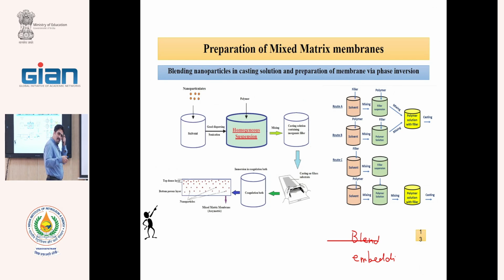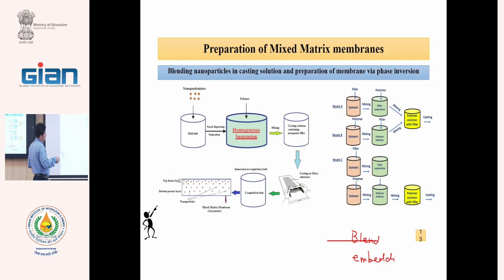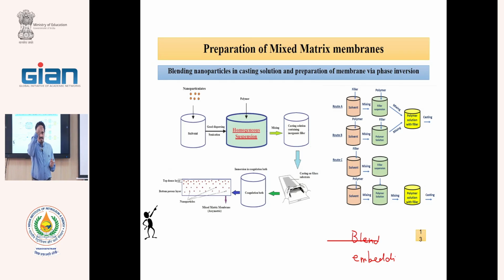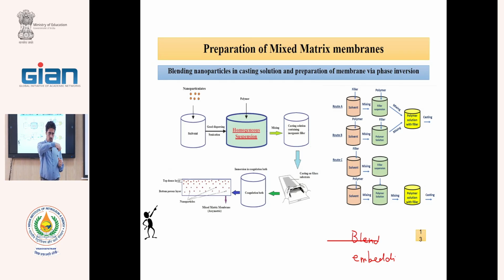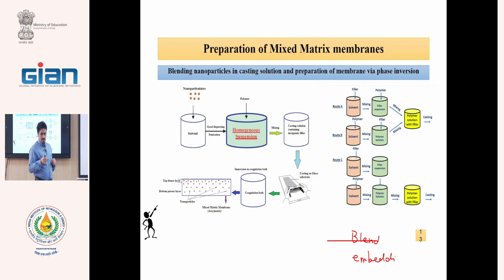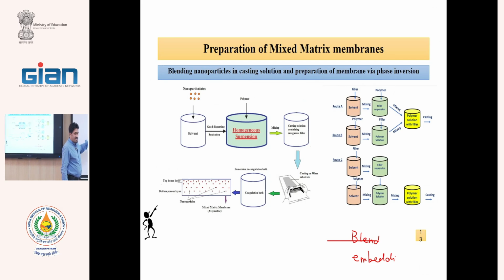When we put the film in the water, the solvent exits and the water goes into the membrane body. In this case, because the hydrophilic nanoparticles want to go to the water phase, some of them migrate to the surface.